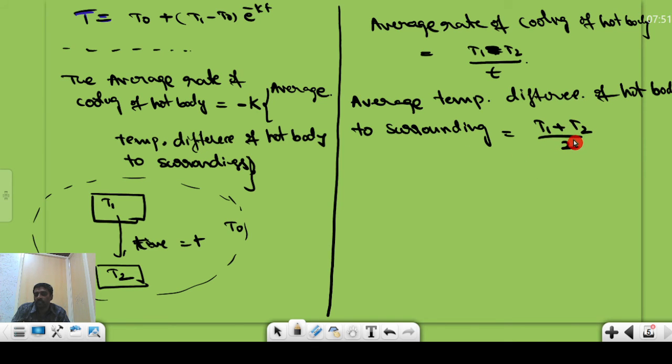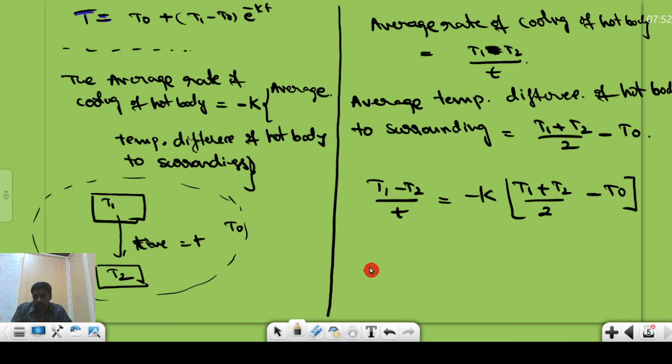The average temperature of the hot body is T1 plus T2 divided by 2, and its difference to the surrounding temperature is T0. Taking the negative K also, T1 minus T2 divided by T is equal to minus K into (T1 plus T2 divided by 2 minus T0). Now please concentrate: I am sending this negative sign to this side, so that it is equal to T2 minus T1.